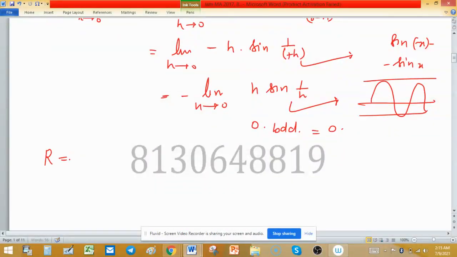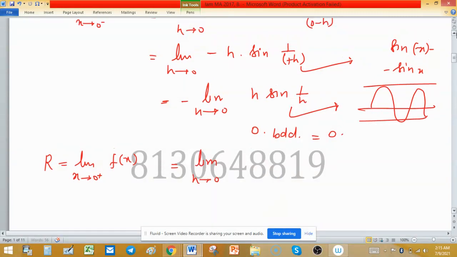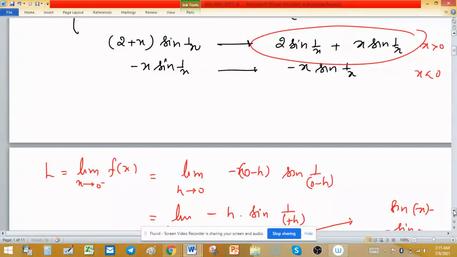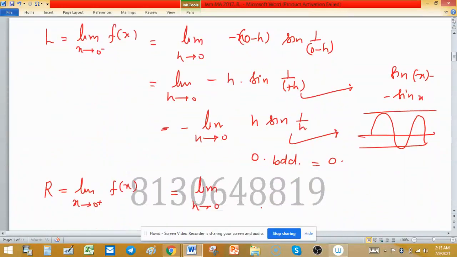So R will be limit x tends to 0 positive f(x), and this is equal to limit h tends to 0 of 2 sine 1 upon x plus x sine 1 upon x. So you can observe this limit will not be 0, meaning it doesn't exist.